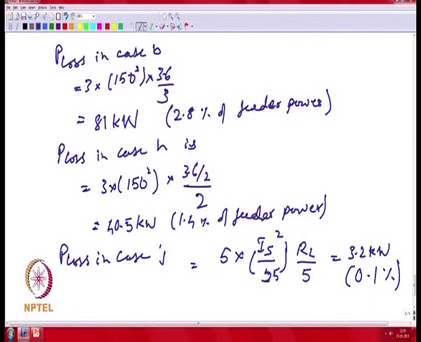So, we can see that compared to the 2.8% in the original case, the power dissipation has reduced almost by a very large factor, and the power loss is reduced significantly, but it is not always possible for us to site DGs at ideal locations and supply power at the desired generating levels.